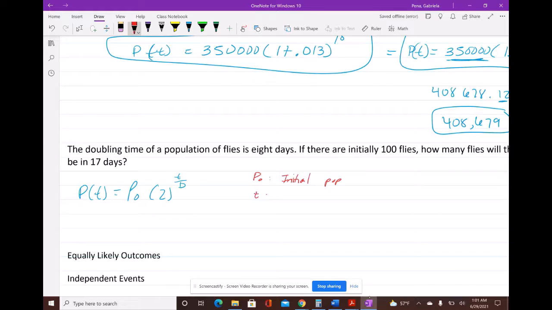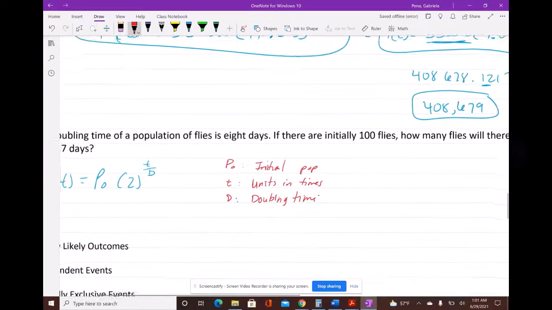Your t is going to be the units in time. So basically what this means is it could be months, it could be weeks, it could be days, whatever they talk about. Your d is the doubling time. So I'll tell you, this is how much time it takes for it to be doubled.